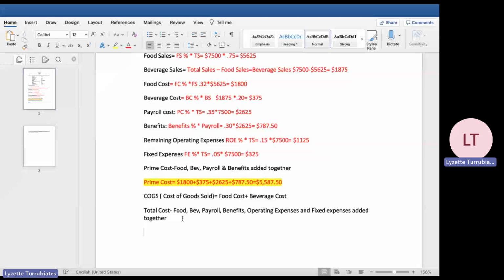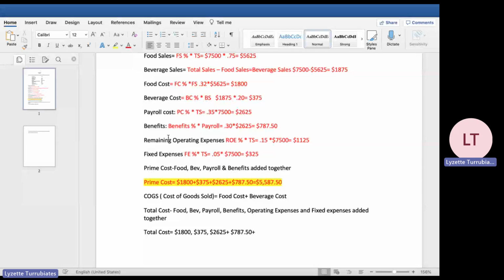So total cost equals, let's see, 1,800 for our food cost, 375 for our beverage cost, 2,625 for our payroll, 787.50 for benefits.